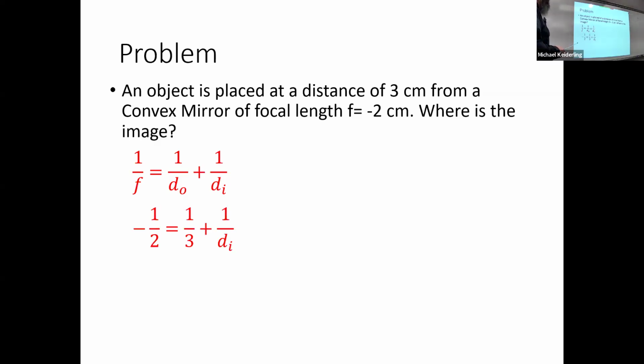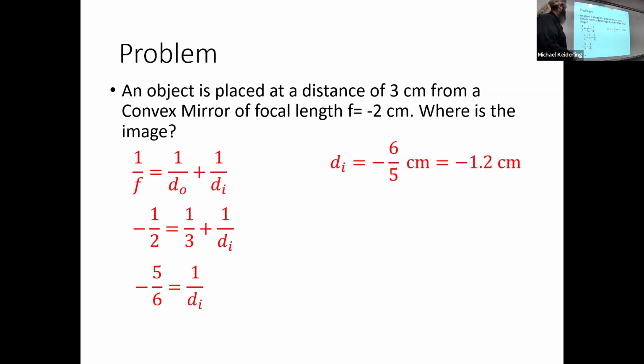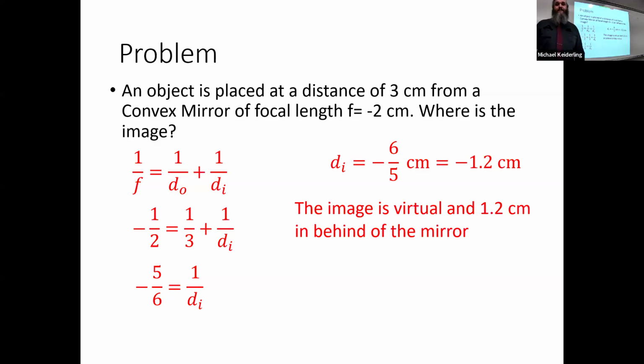So -1/2 equals 1/3 plus 1 over DI. -1/2 minus 1/3 is -5/6. That's 1 over DI, so DI is 1 over that: -6/5, which is -1.2 centimeters. So the image is virtual, 1.2 centimeters behind the mirror, and it will be upright.